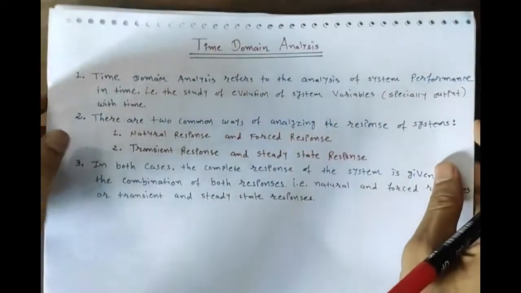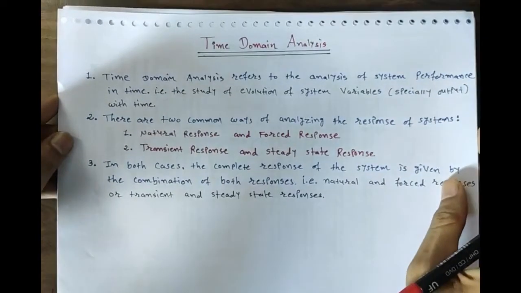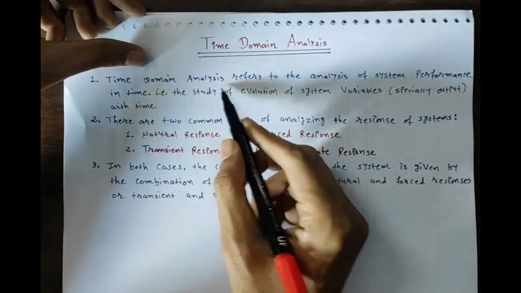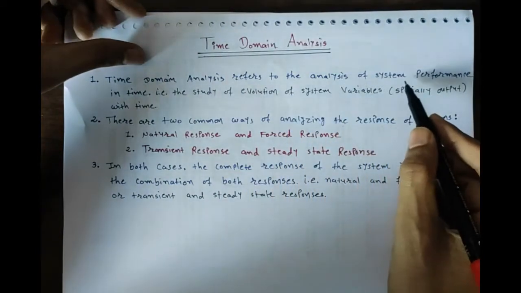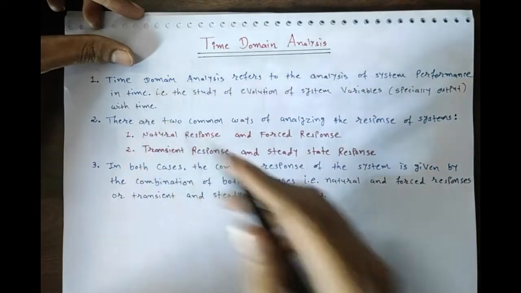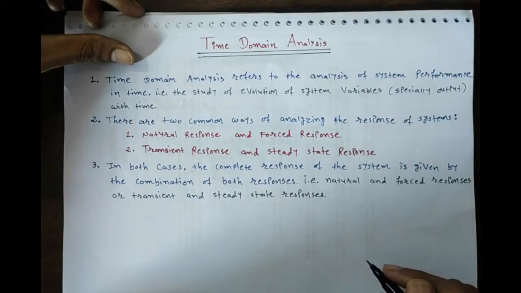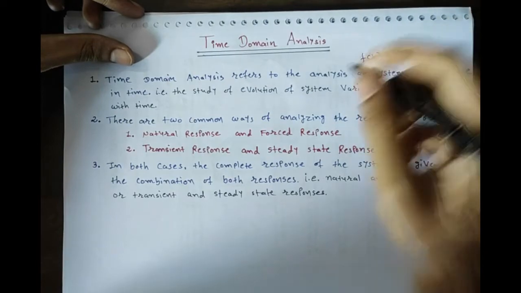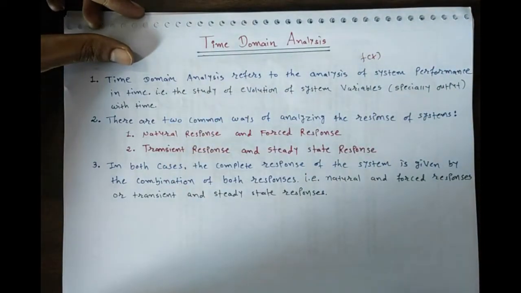The definition of time domain analysis says that it generally refers to the analysis of a system's performance with respect to time. Whenever you have a system whose model is a function of time, we can say we are doing a time domain analysis.